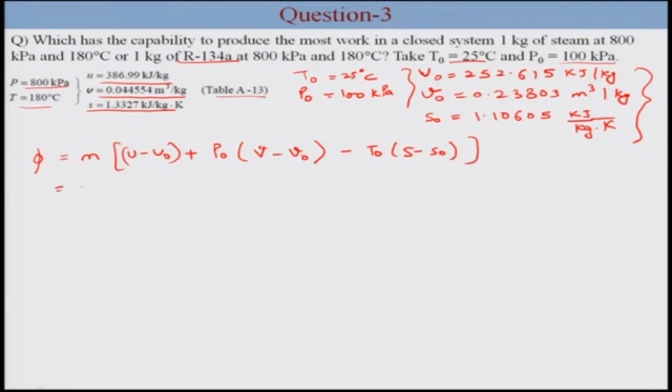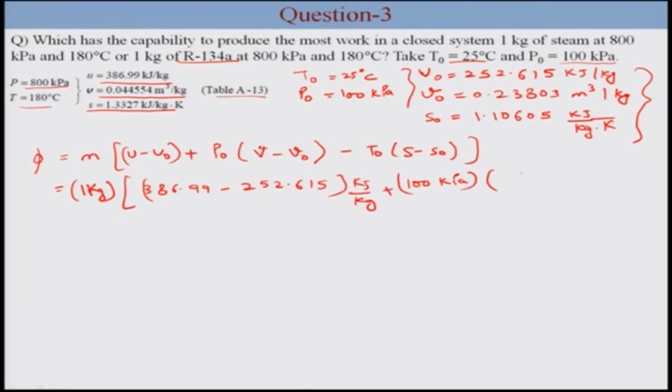Putting all the values, mass is 1 kg, U is 386.99 minus U0, which is 252.615 kilojoule per kg, plus P0, which is 100 kilopascal, multiplying this by V minus V0, so V is 0.044554 minus V0, which is 0.23803, in meter cube per kg.